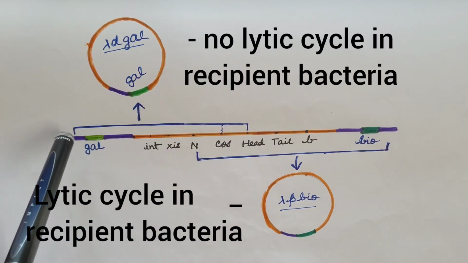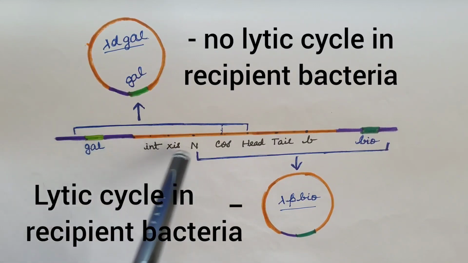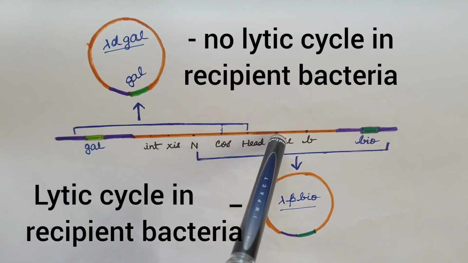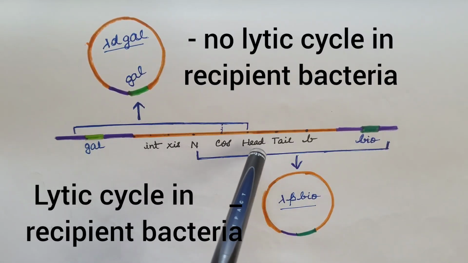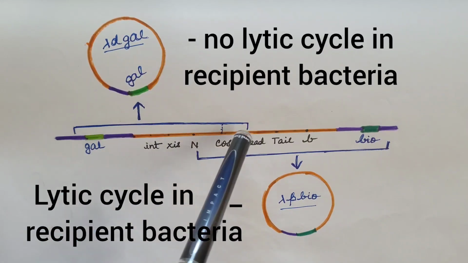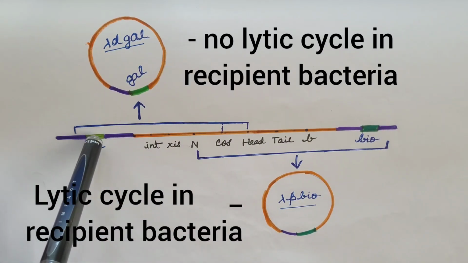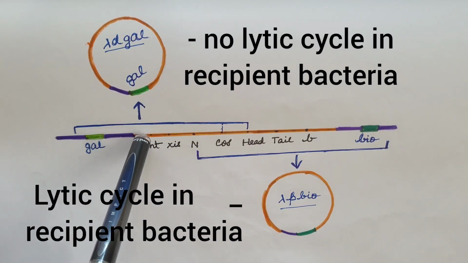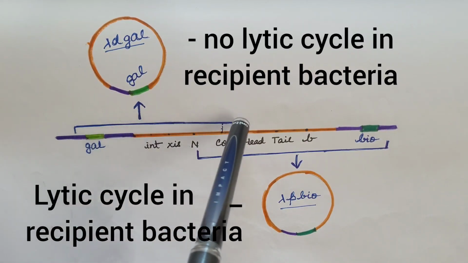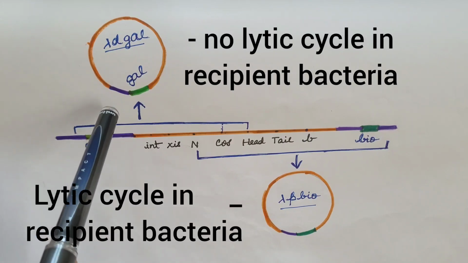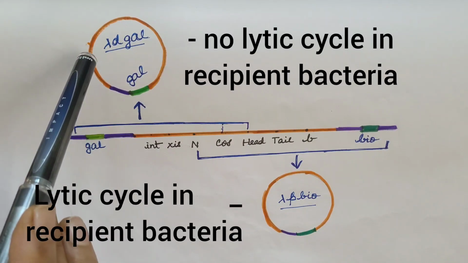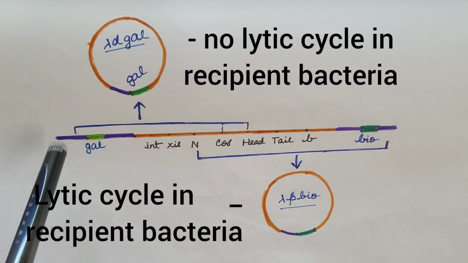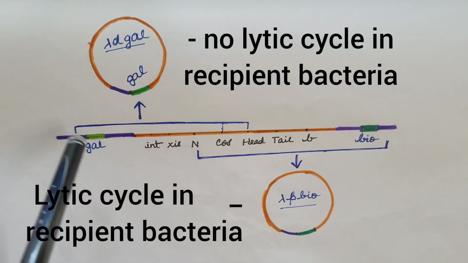Sometimes what happens, the imprecise or incorrect excision is such that tail genes or sometimes head genes are missing or lacking during the excision, and the gal bacterial gene adjacent to the integration site of the phage lambda DNA is excised. Then transducing particles that are formed are known as lambda D gal, where D stands for defective.